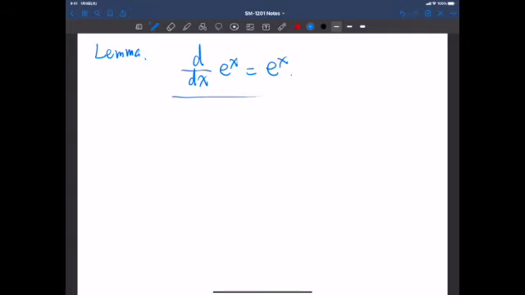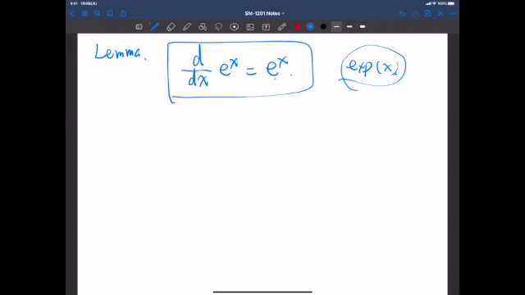So this means this function, e to the power of x, or exp of x, is the solution of this differential equation. Okay, so let's prove this.